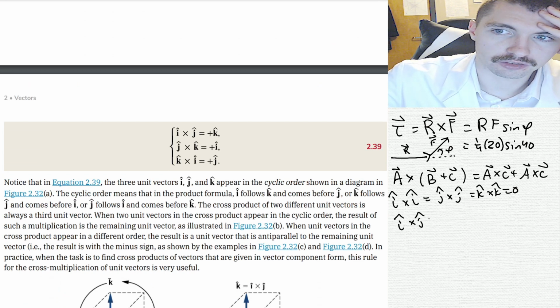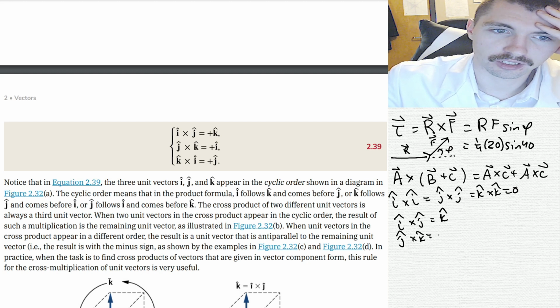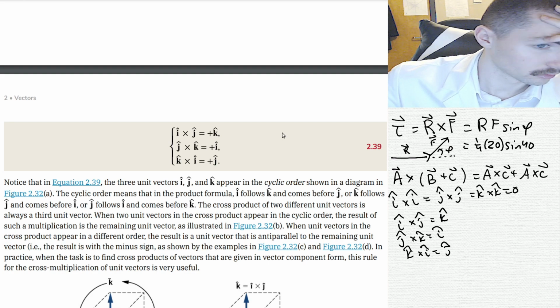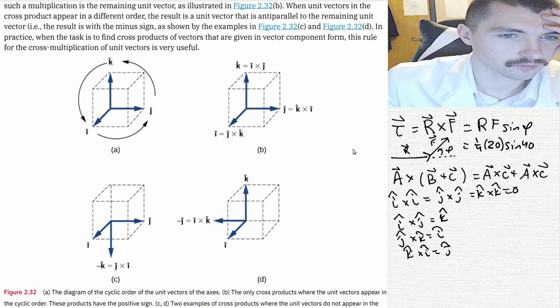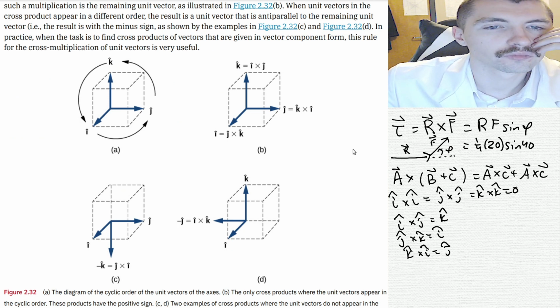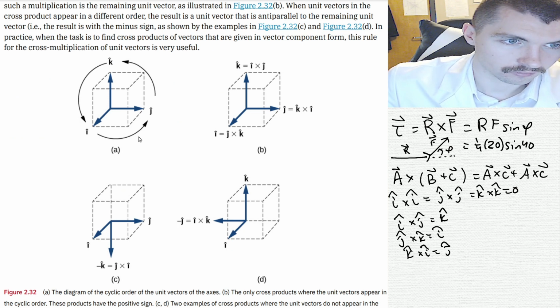I cross J equals K. J cross K equals I. K cross I is J.